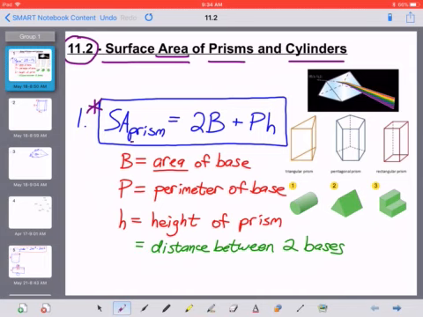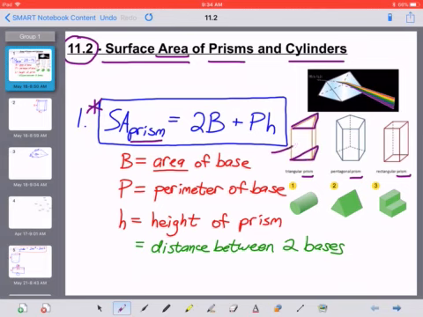A prism here, everybody, is a three-dimensional object, and these over here would all be examples of them. A prism is a three-dimensional object that has two congruent and parallel polygon bases on opposite sides of the figure. On this one right over here, you've got a triangle up here on the top of that figure and an identical triangle right down here on the bottom.